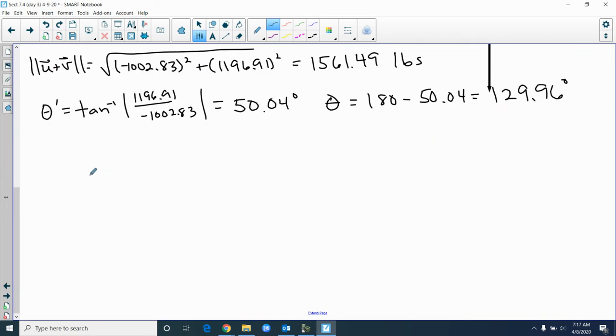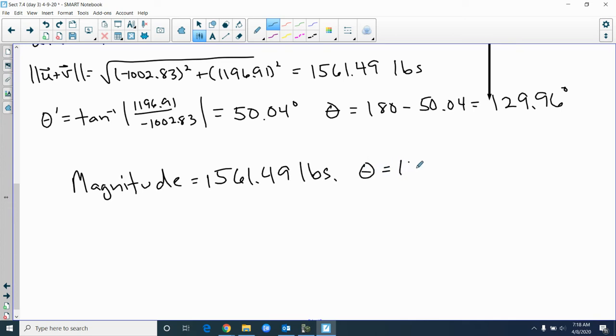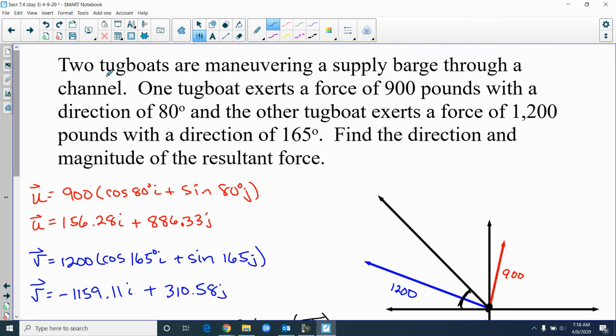All right, so we got our magnitude, which is 1,561.49 pounds, and we got our direction, which is 129.96 degrees. All right, so those are two cases, two forces acting on a single body.